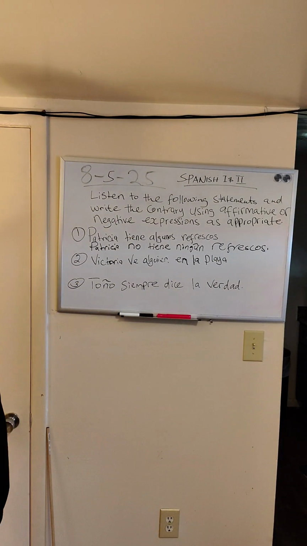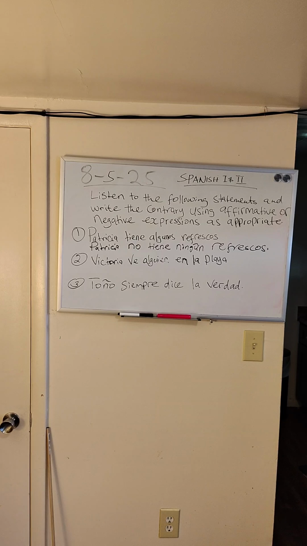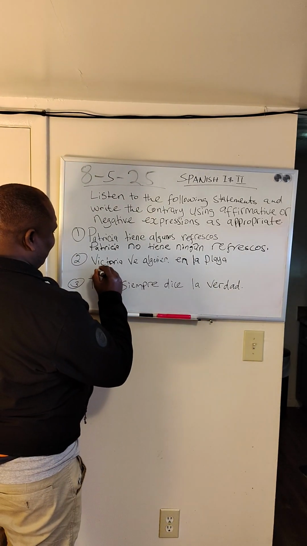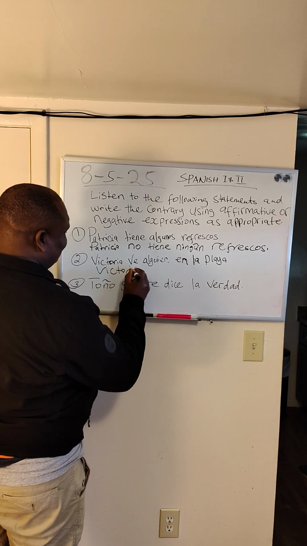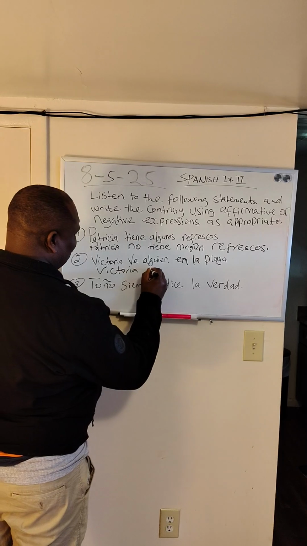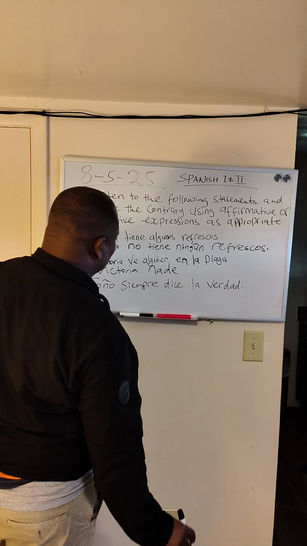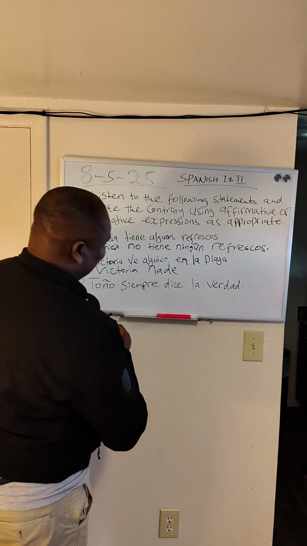So now, how do we write that statement on the contrary? On the contrary, we're going to say Victoria no ve a nadie en la playa.